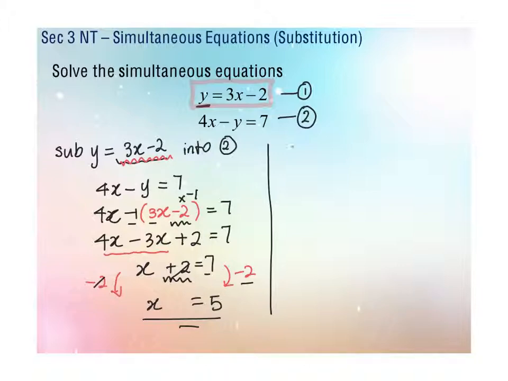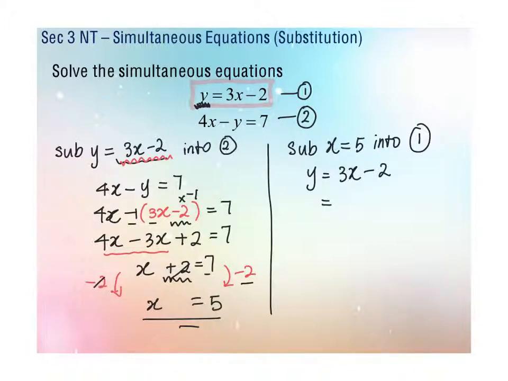So what we do, we sub x equals 5 into our equation. You can choose any equation. In this case, y is already a subject for equation 1. I'll choose equation 1, it will be easier. Equation 1 tells me that y equals 3x minus 2.